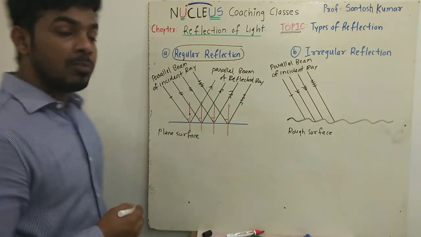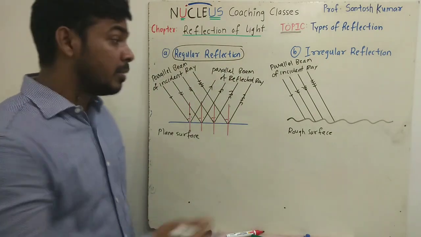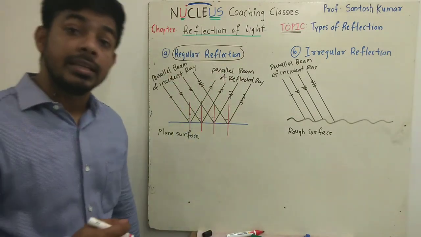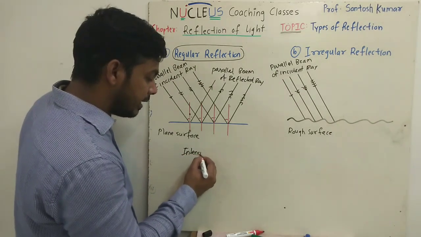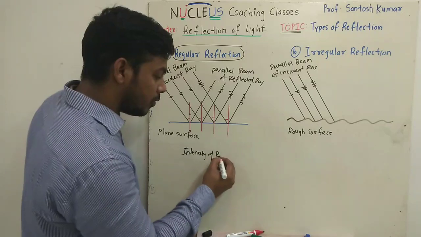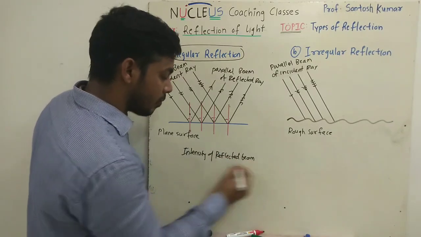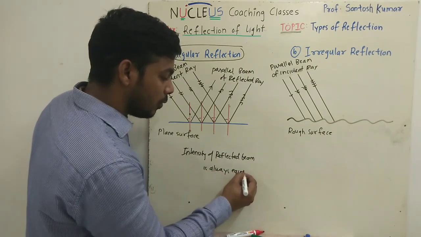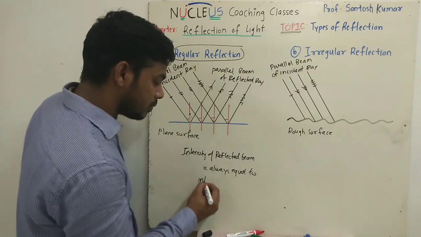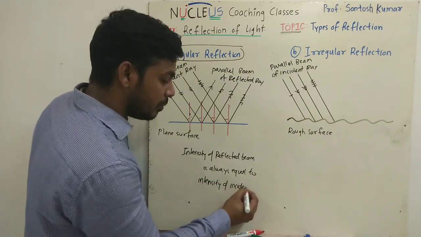And remember, in this type of reflection, the intensity of the reflected beam will always be equal to the intensity of the incident beam. So I would say here that the intensity of the reflected beam is always equal to the intensity of the incident beam.